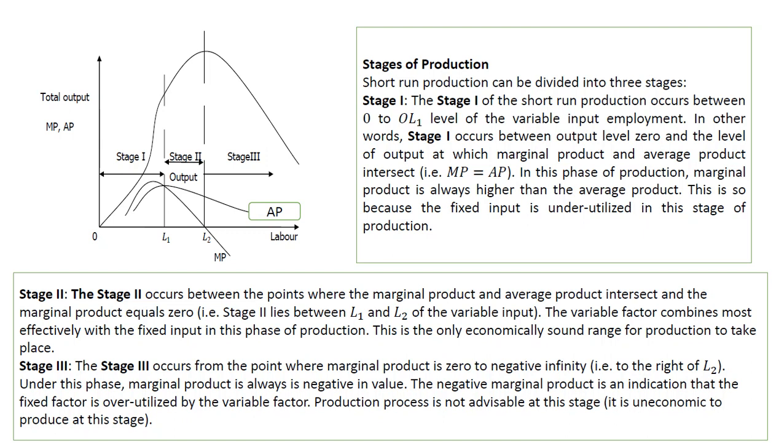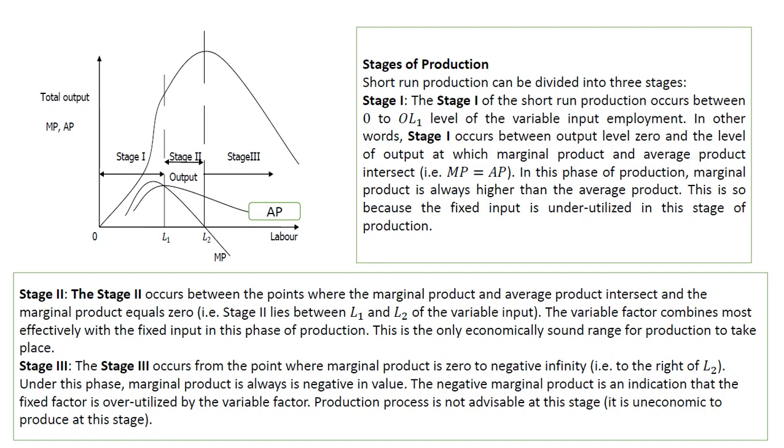In that situation, if you employ few people, then you are at stage 1 of the production process. Generally at stage 1, the variable inputs will be underutilizing the fixed input. So stage 1 also doesn't make economic sense to produce.